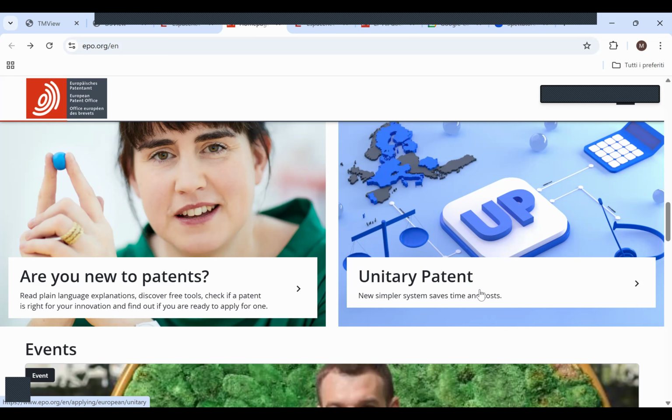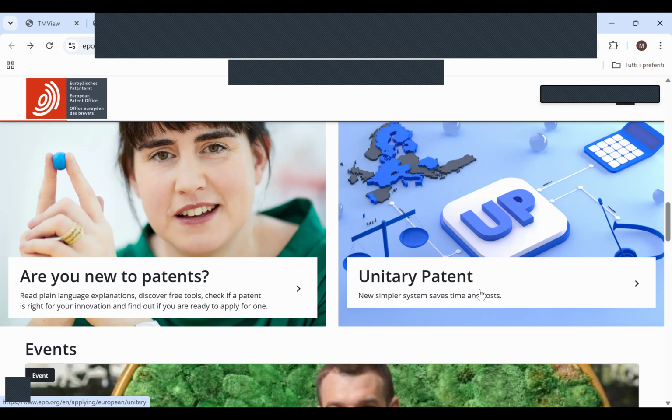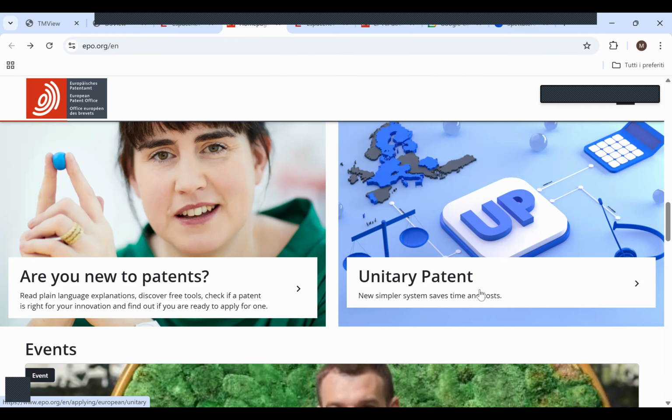Up to a few years ago, I think a couple of years ago, you were only allowed to go to the single national country, asking to register the patent also in the country. Now there is the unitary patent that you may ask once you have obtained a European patent that already covers your product in all these countries.